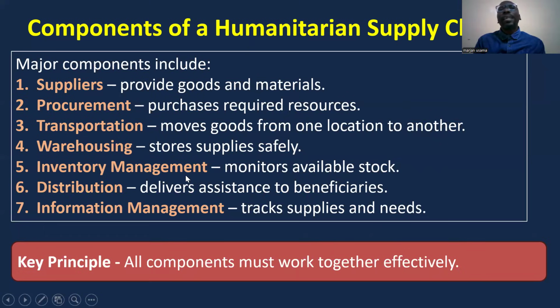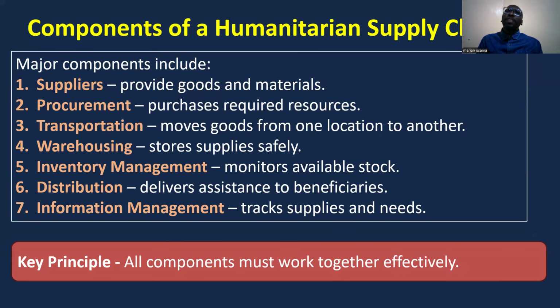Then inventory management, which monitors available stock. So there should always be an inventory officer in the warehouse who will help us to manage the supplies. He'll give us a record of the medicine. Do we have enough or do we need to buy more?